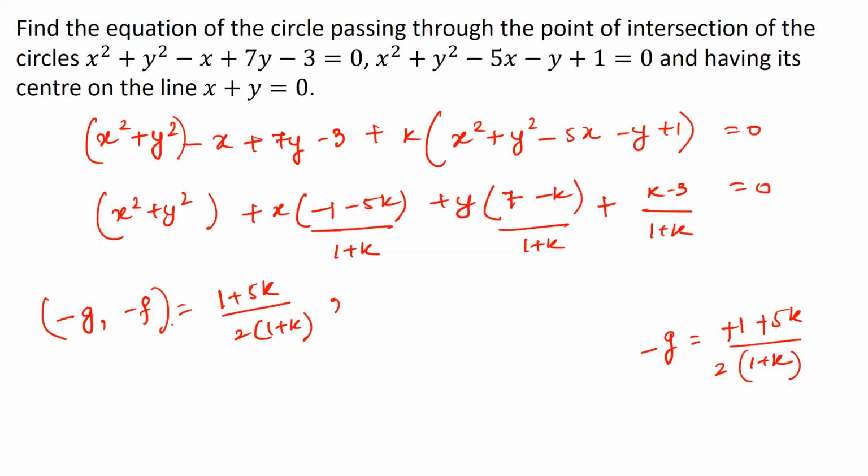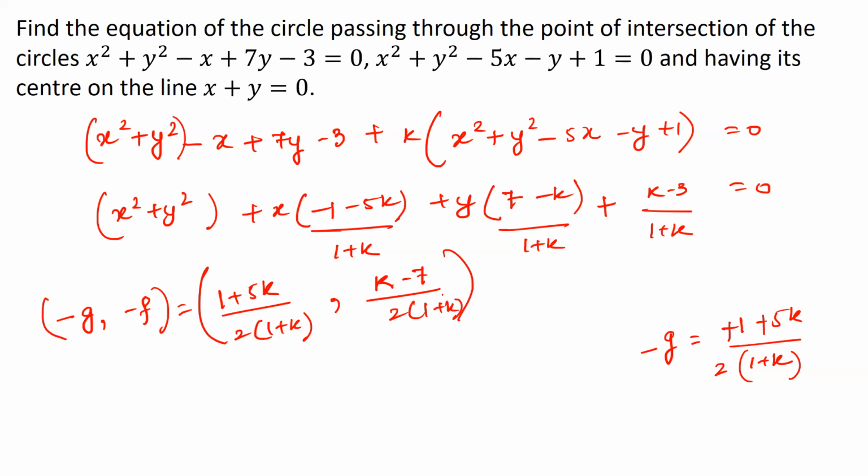Similarly, to find out the value of minus f, I divide this by 2 and then change the sign. Changing the sign means 7 minus k will become k minus 7 divided by 2 times 1 plus k. Let me write it as 1 plus k only for consistency. So this is the value of my minus f, and this becomes the center.